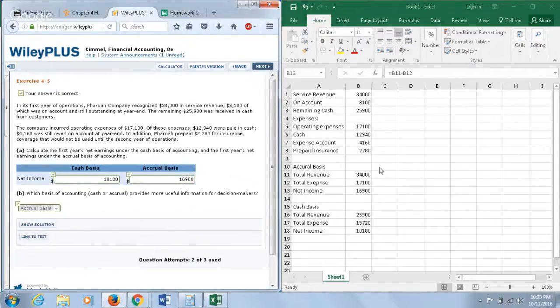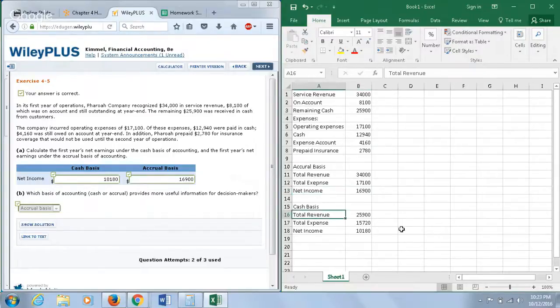There we go. So ending this, to find the accrual basis total expense, you would just take the total service revenue as total revenue and adding together all the expenses, which would be the operating expense right there, and you'd subtract that. That's how you get the net income for accrual basis.